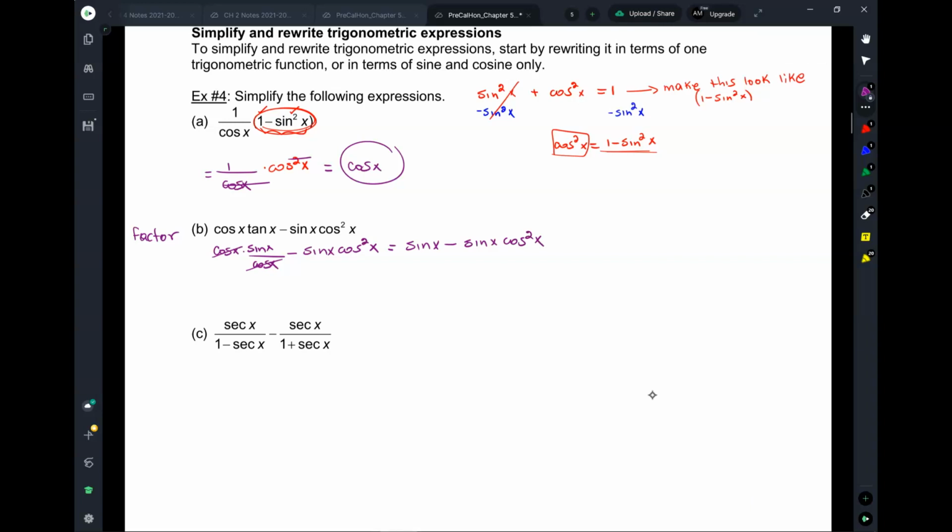Now I can factor out a sine x. When I factor out a sine x from that first term, what do I have left? 1 minus, and if I factor out a sine x from the second term, I have cosine squared x left.